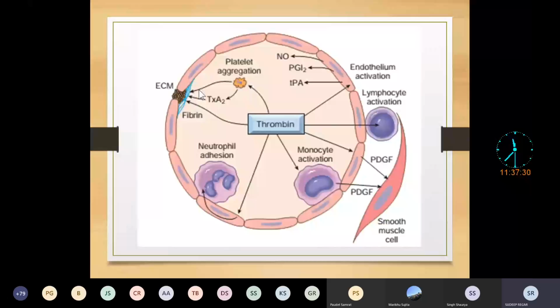Here you can see it is helping formation of thromboxane A2 and platelet aggregation, okay, and helping in nitric oxide, prostacyclin, and tissue plasminogen activator formation, and it directly activates leukocytes like neutrophils, monocytes, lymphocytes, and it expresses PDGF, platelet-derived growth factors.